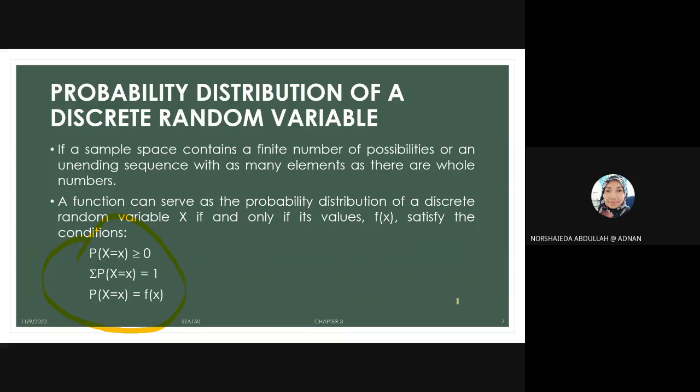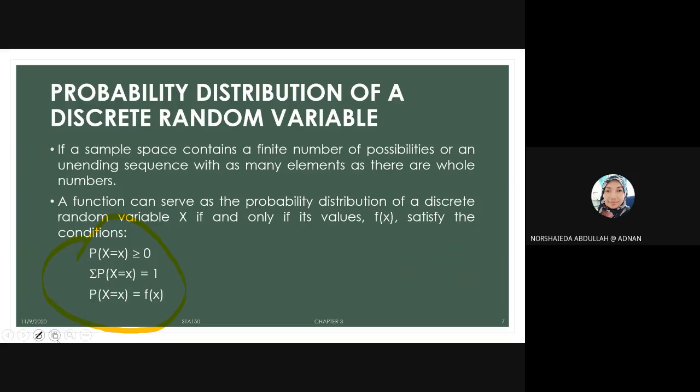The first property is the probability of X equal to x is greater than or equal to 0, meaning that it cannot be negative lah. And the second one, the total probability equals 1. So yang ni konsep yang basic lah.